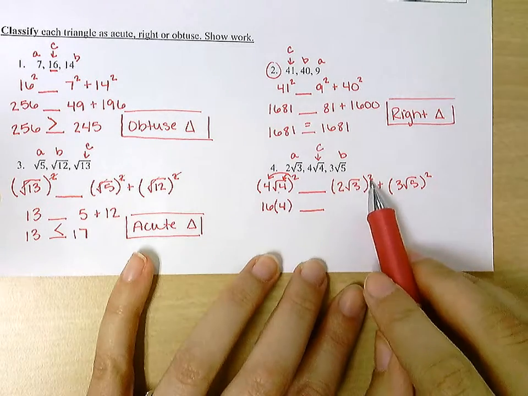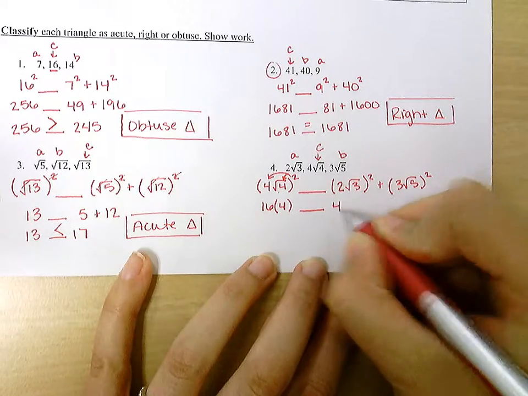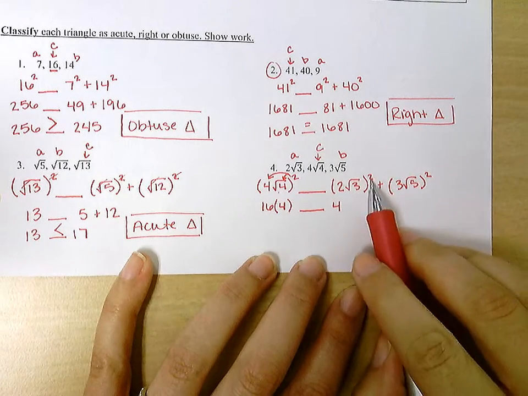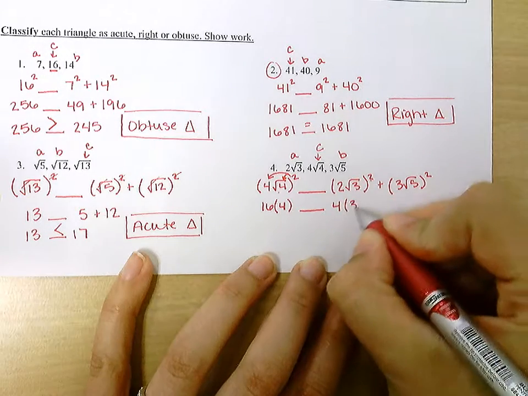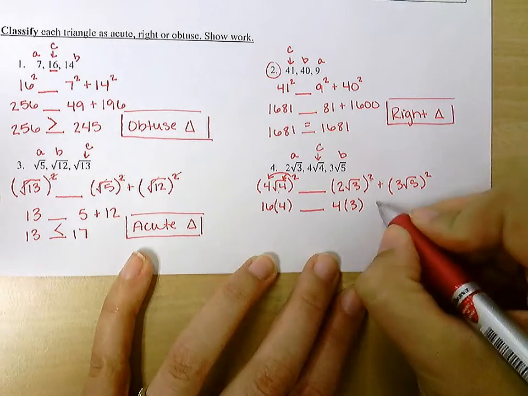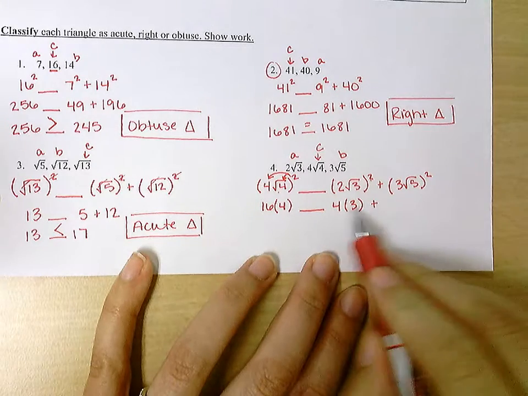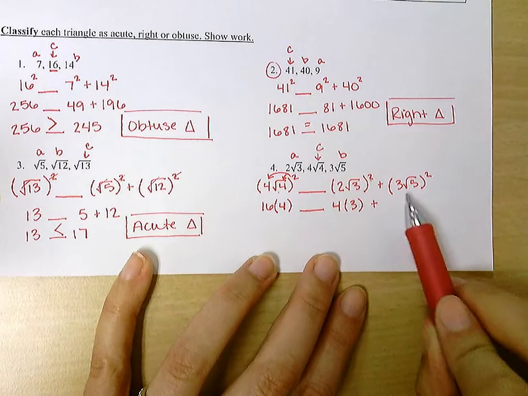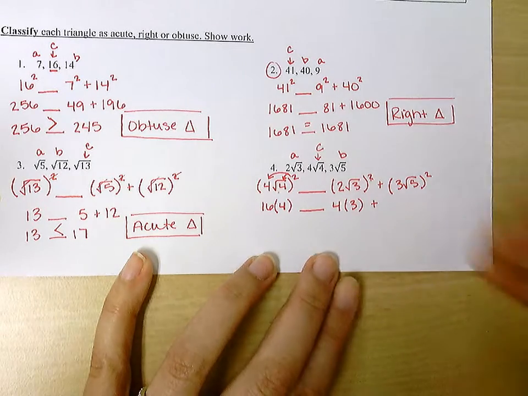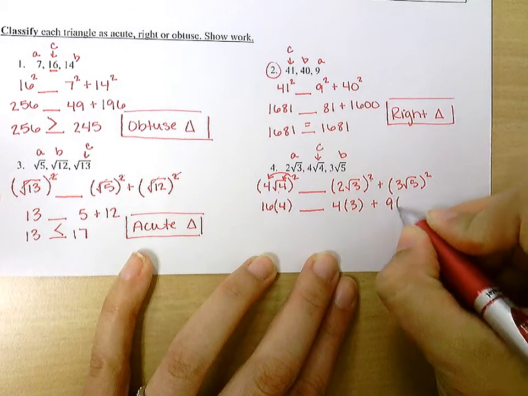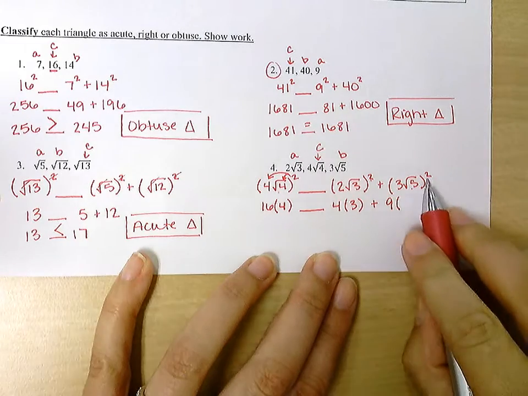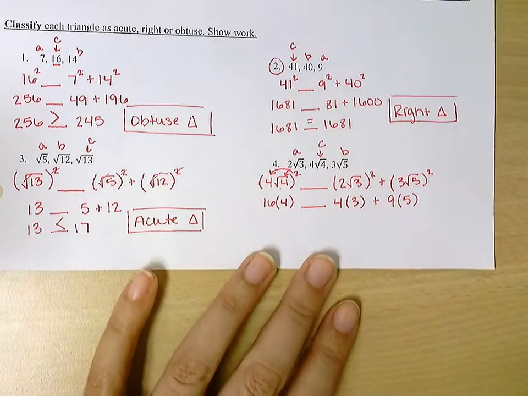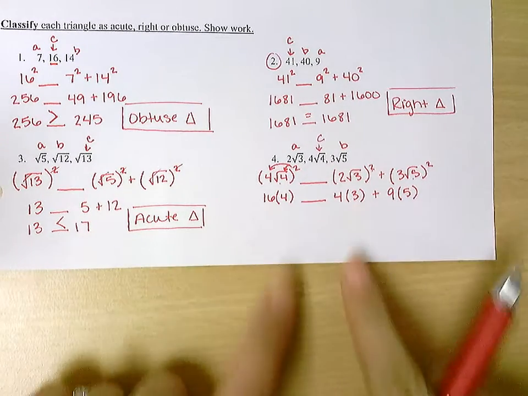So 2 squared is 4. The square root of 3 squared is 3. And again, these are multiplied together. That's why I'm putting parentheses around it. Last one here, we have 3 squared is 9 times the square root of 5 squared is 5. And then you multiply them together.